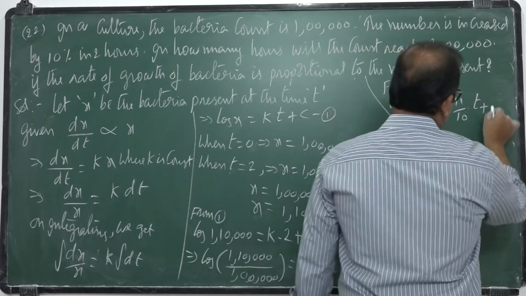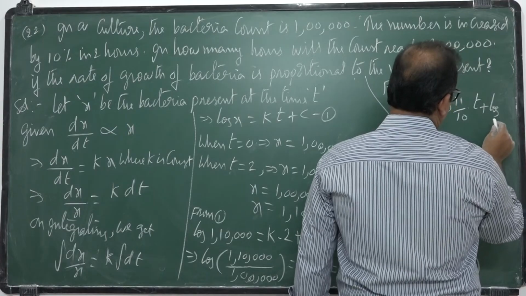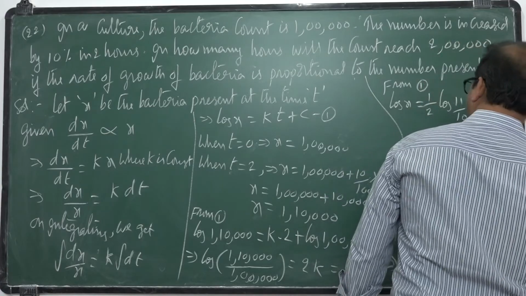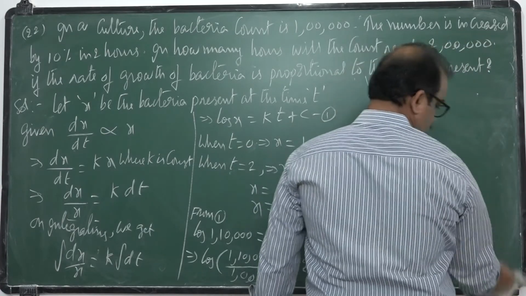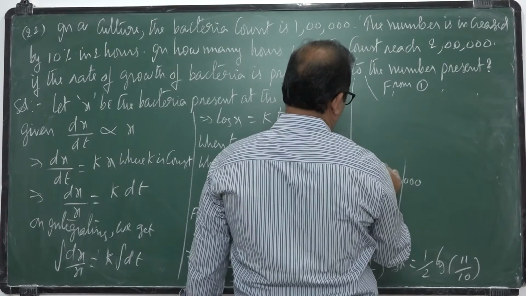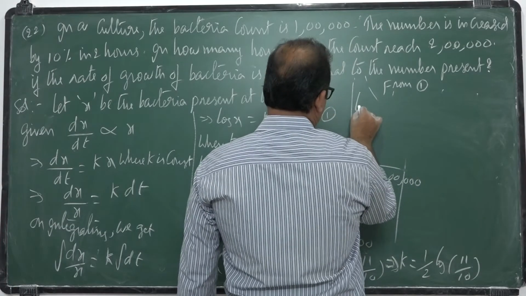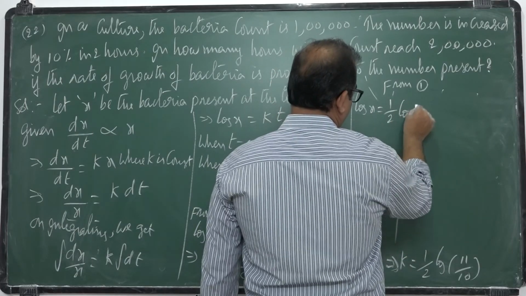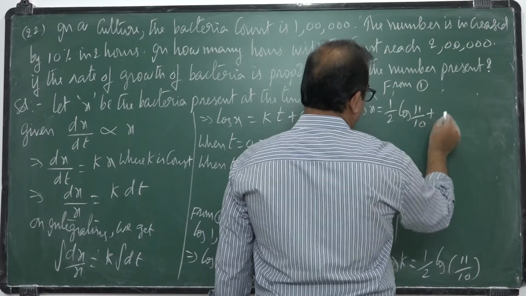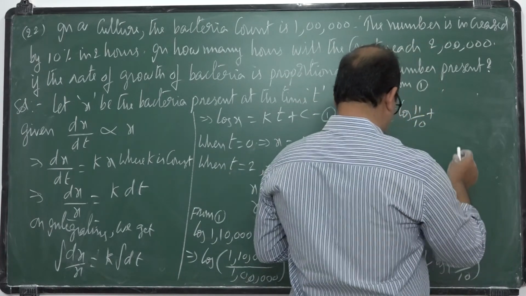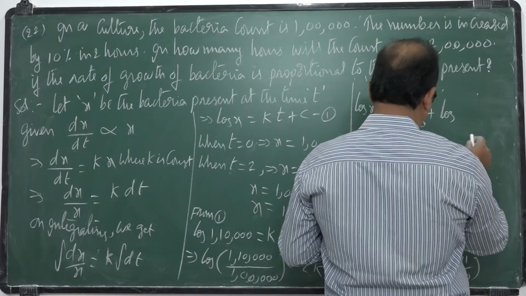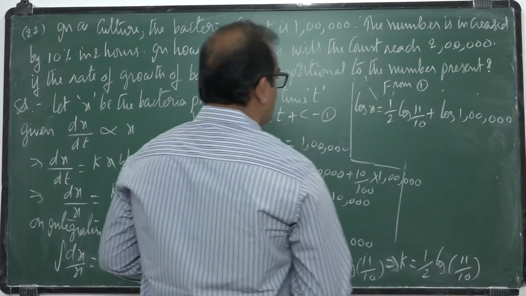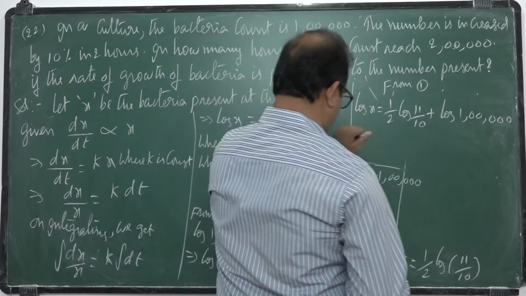C value is log of 1 lakh. So log x is equal to 1 by 2 into log of 11 by 10 into t plus log of 1 lakh. Okay, that is log x value.